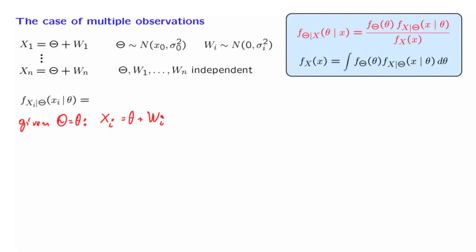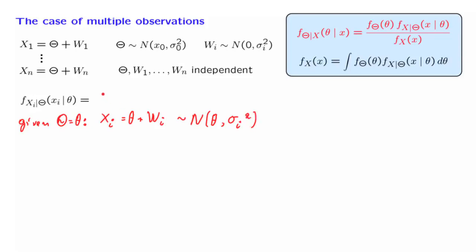And because wi is independent from the random variable theta, knowing the value of the random variable theta does not change the distribution of wi, it will still have this normal distribution. So xi is a normal of this kind plus a constant, and so xi is a normal random variable with mean equal to the constant that we added and variance equal to the original variance of the random variable wi.